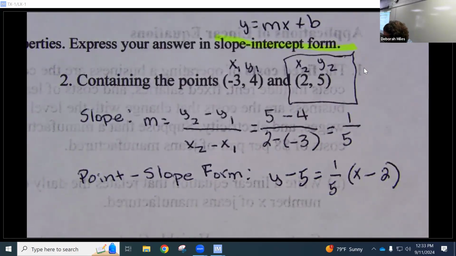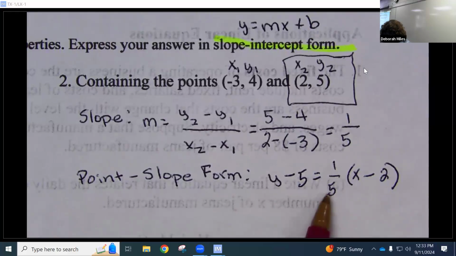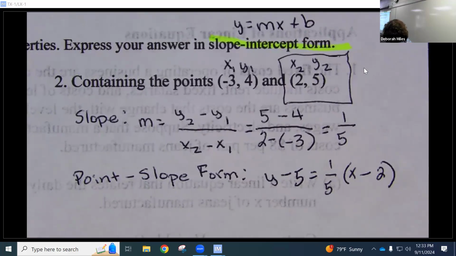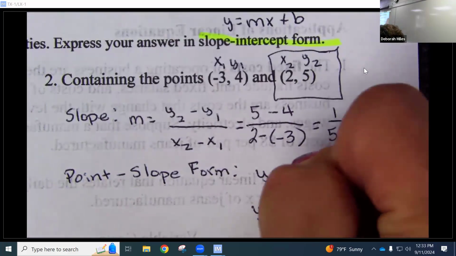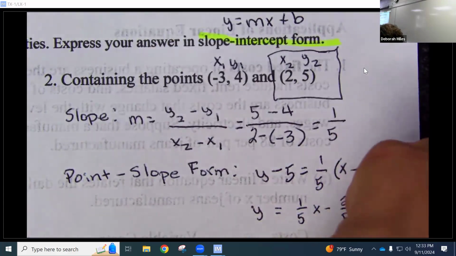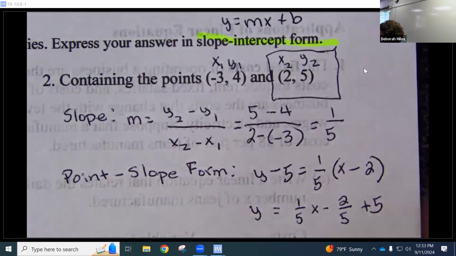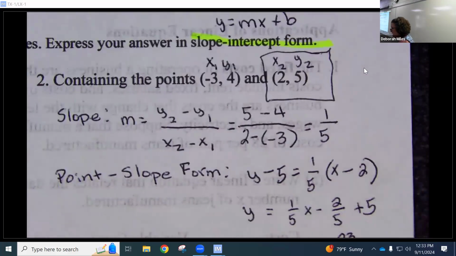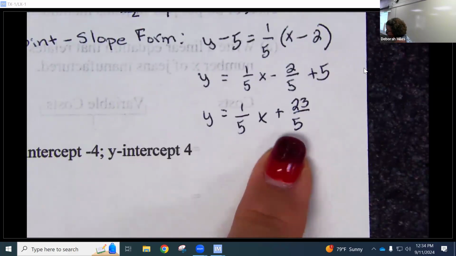And the two things I'd have to do to have that in slope intercept form, I have to distribute the 1/5 and add 5 to both sides. Can't do it in your head, and make sure you can punch it on the calculator.